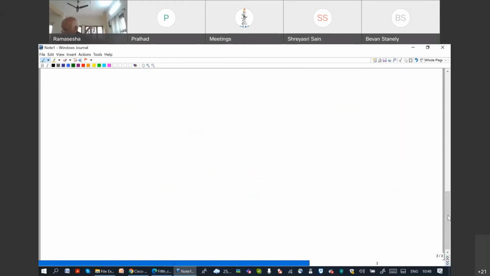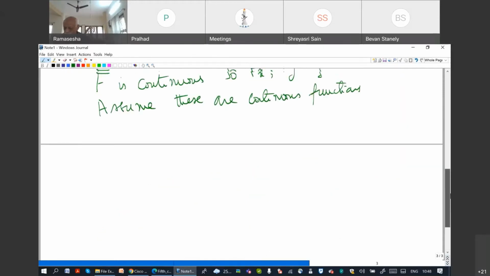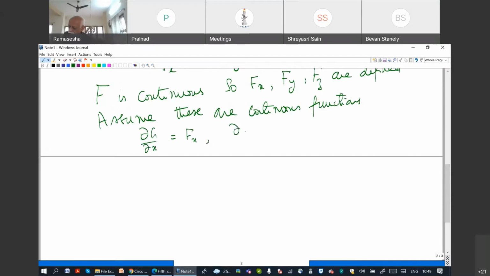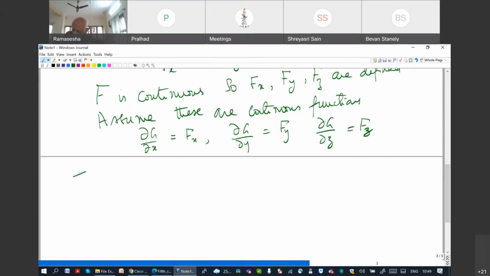What we will get is the following. Del g by del x is equal to fx. Del g by del y is equal to fy. Del g by del z is equal to fz. So if this condition is satisfied, then del squared g by del y del x must be equal to del squared g by del x del y.